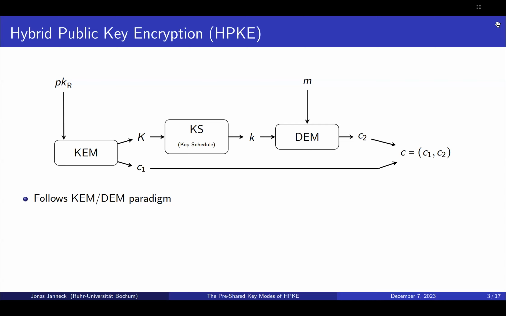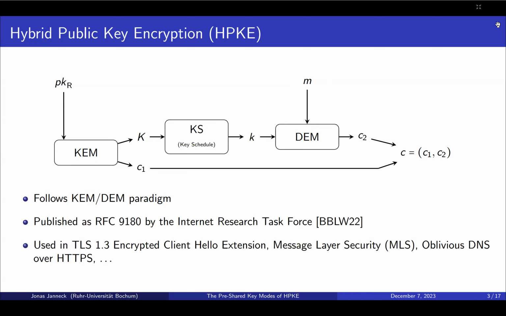And the ciphertext in the end consists of the ciphertext of the KEM as well as the ciphertext of the message. This was published by the IRTF in 2022, and has already been used in some applications, for example, extensions of TLS and as well for messaging.